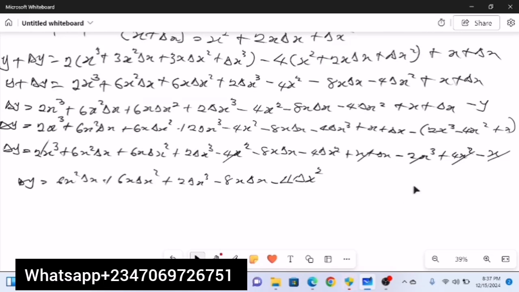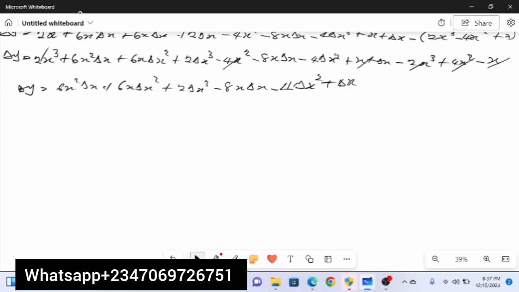Then I have plus change in x here, not forgetting, so you add that, plus change in x. Okay, so let's evaluate this and see.